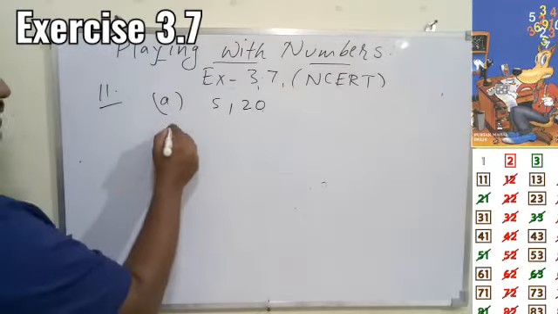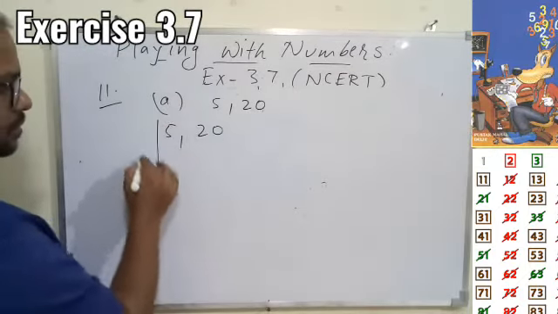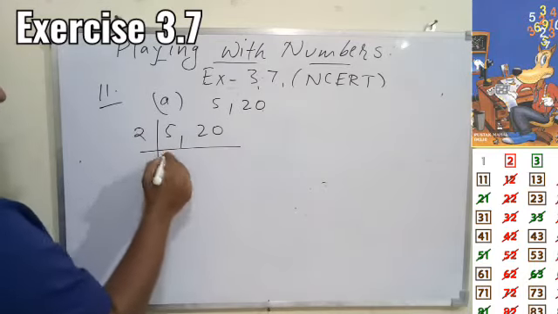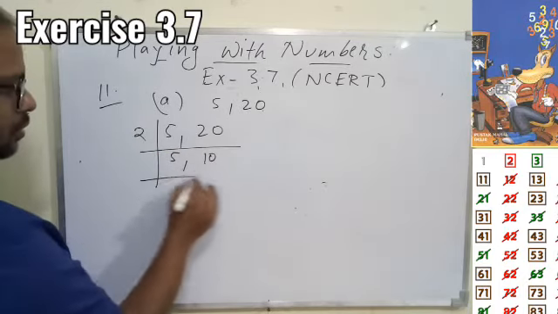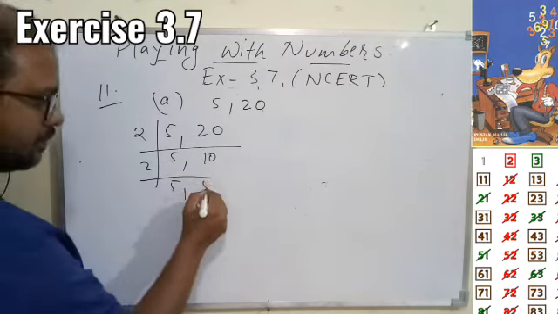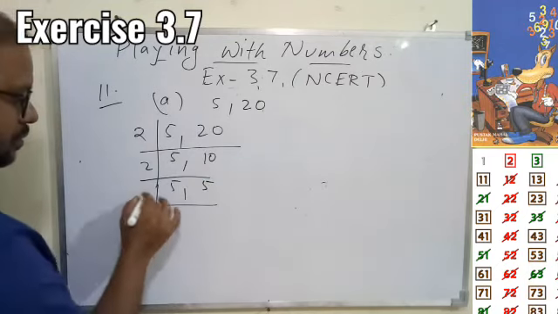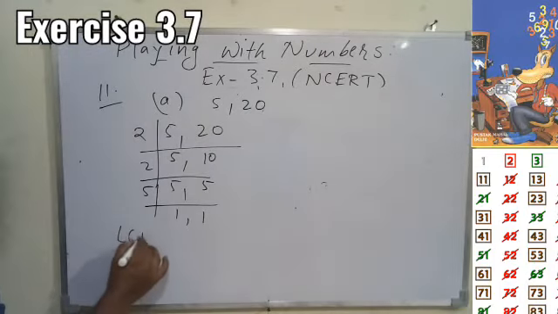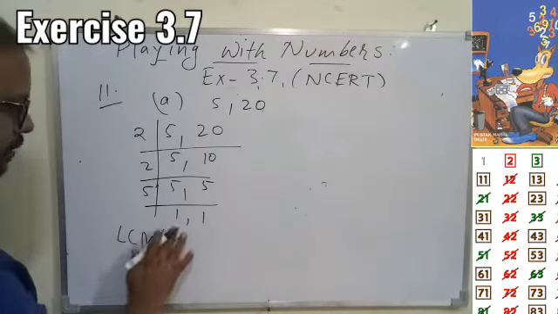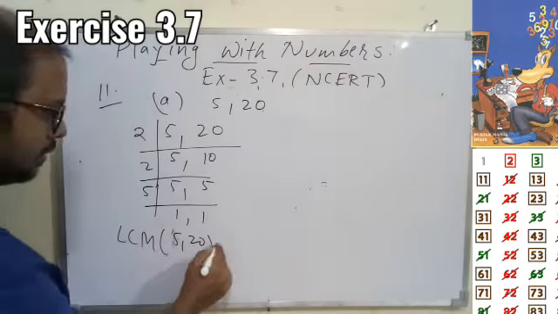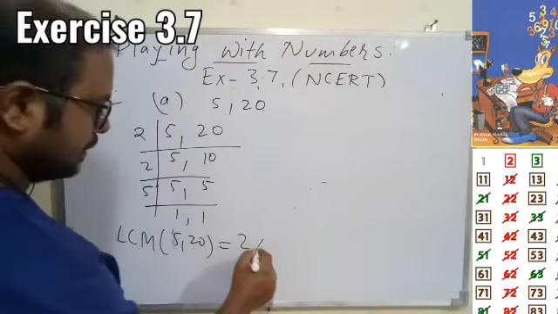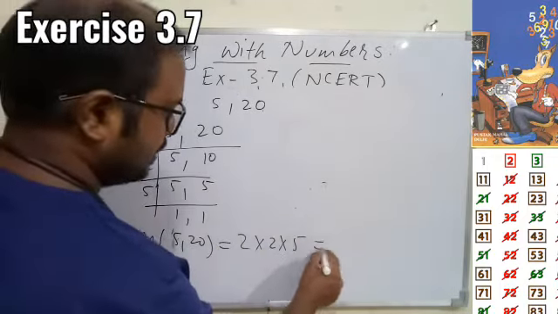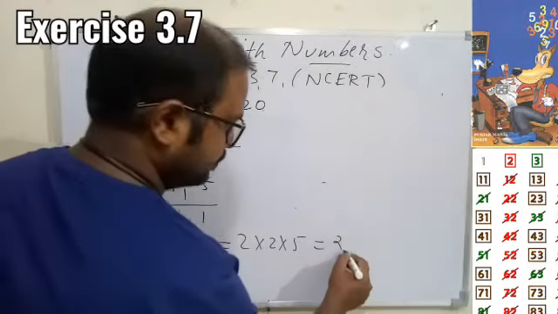So let's find the LCM of 5 and 20 by the long division method. Very first we can try with 2. Always start with the least prime number. So our LCM of 5 and 20 is 2 into 2 into 5, and that is nothing but 20.